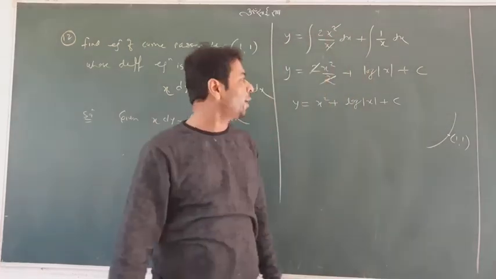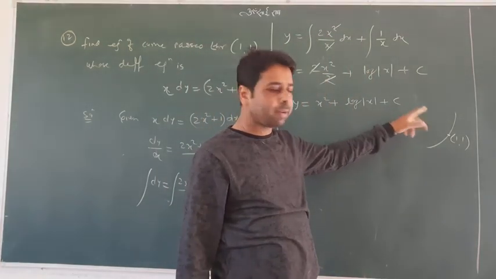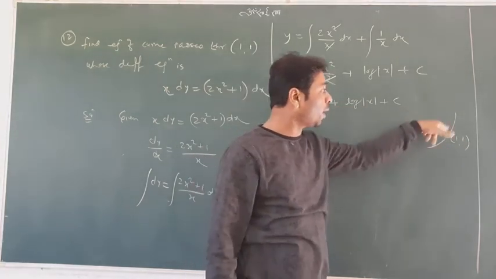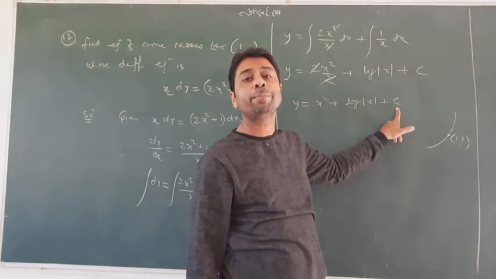Yes, students, let me continue. It is an equation, but c is still unknown, and it is given that the curve is passing through (1, 1). So we will find the value of c, meaning we will find a particular solution.